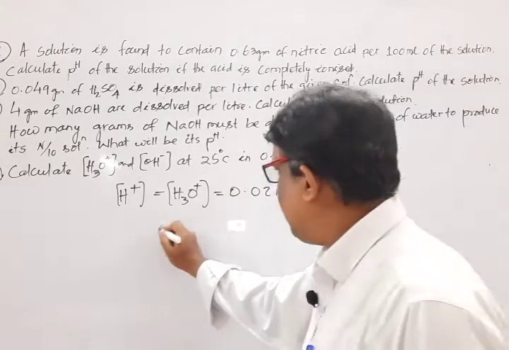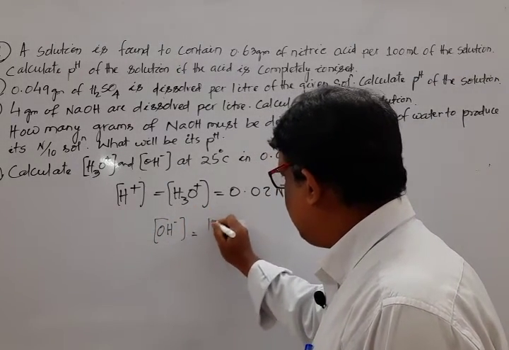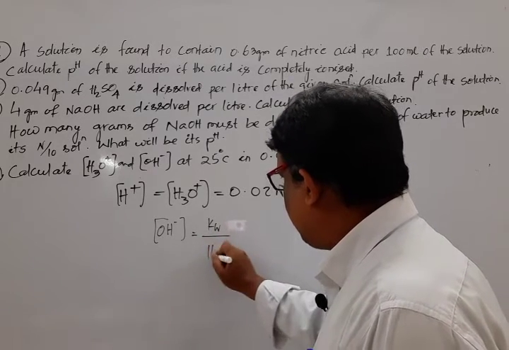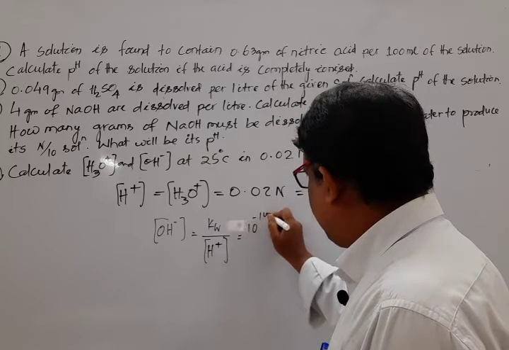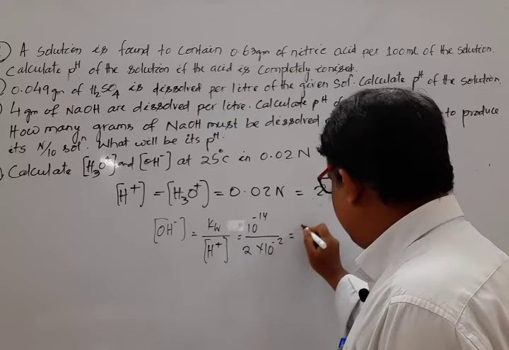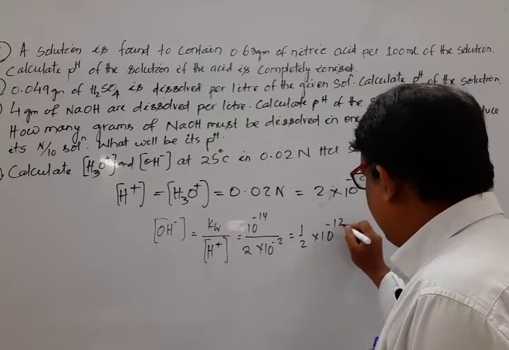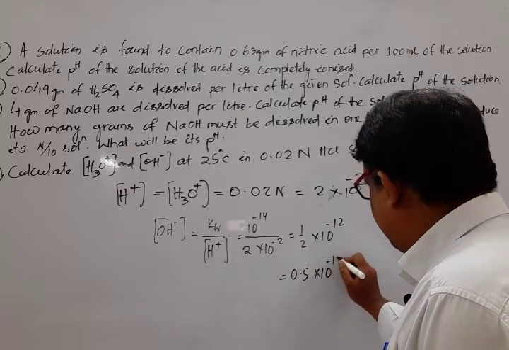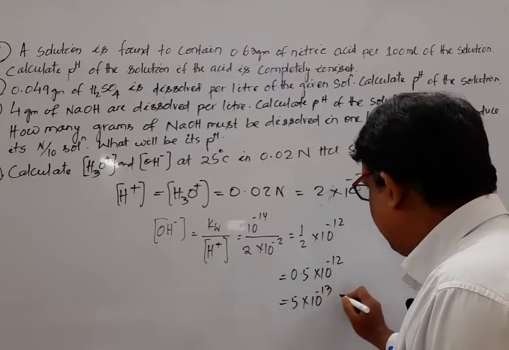Then the question is again to calculate the OH minus ion concentration, which is equal to Kw by H plus ion concentration, is equal to 10 to the power minus 14 divided by 2 into 10 to the power minus 2, is equal to half into 10 to the power minus 12, is equal to 0.5 into 10 to the power minus 12, is equal to 5 into 10 to the power minus 13 molar.